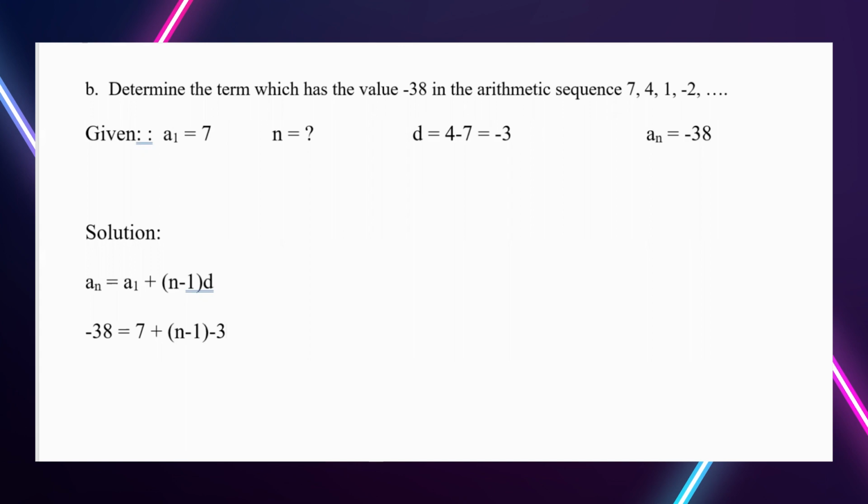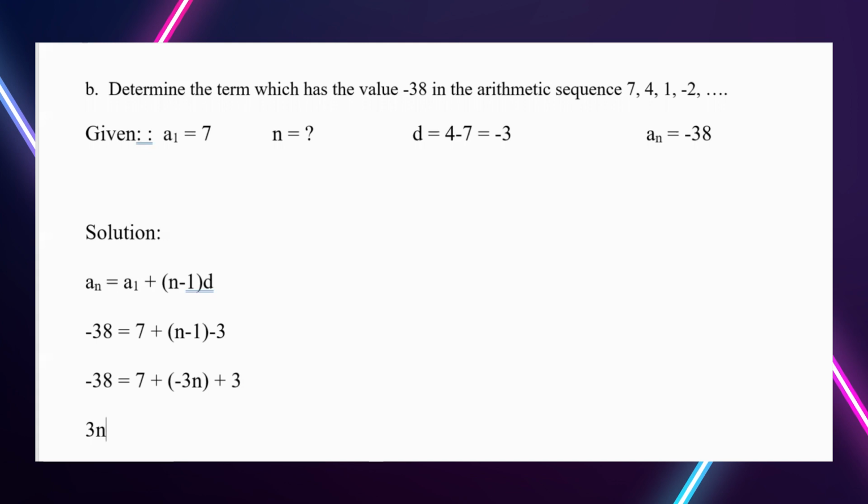Okay, so -38 now is equal to 7. So apply natin ang distributive property na kung saan -3 times n is -3n. Then -1 multiplied by -3 is +3. This time, we have to combine like terms. Okay, so transpose on the other side. So positive 3n.